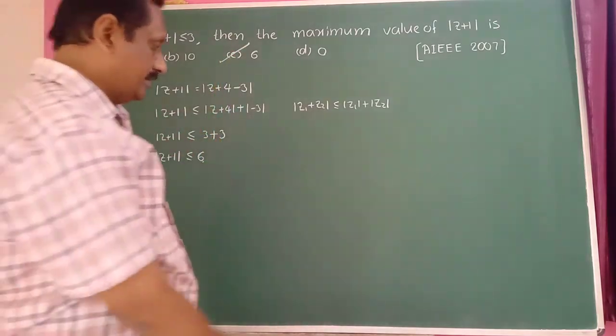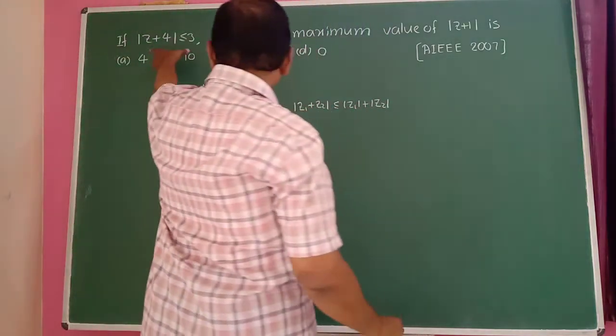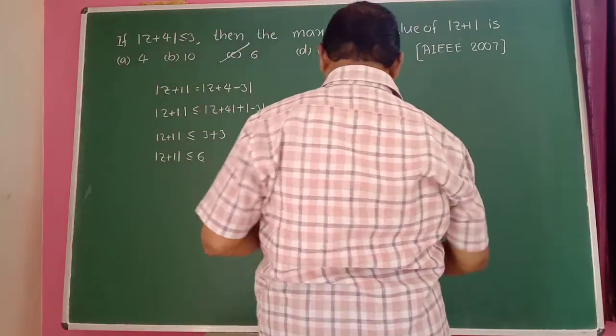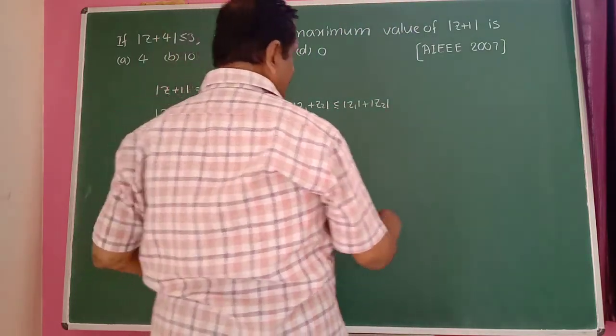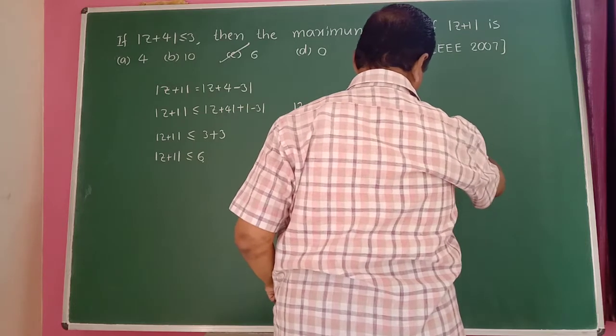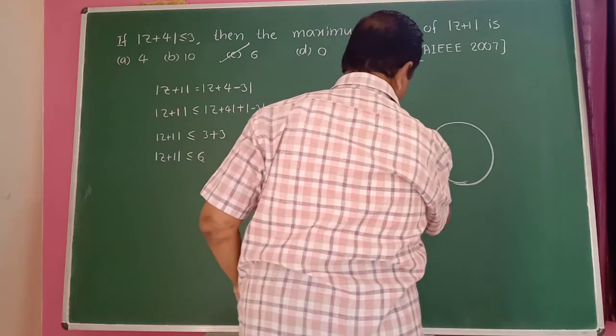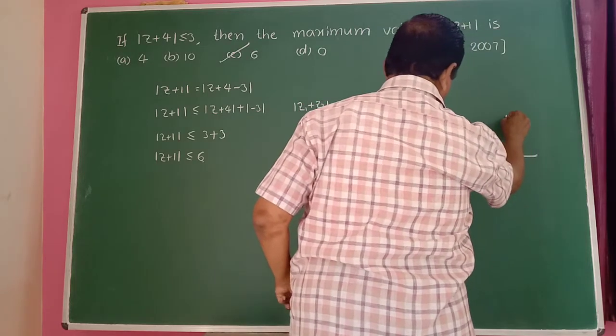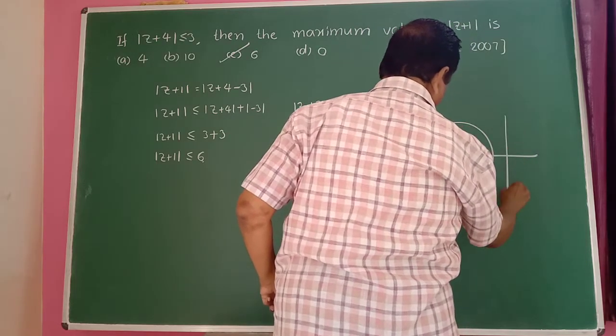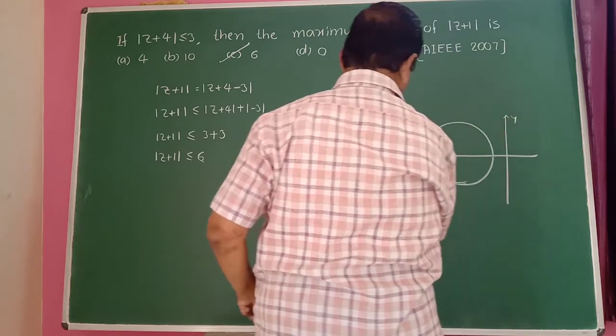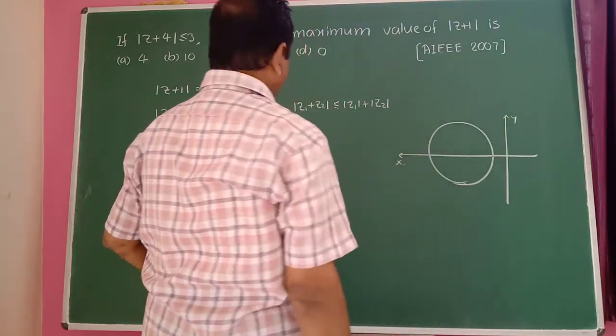So geometrically, this is a circle. The center is at minus 4, 0. Here is the y-axis and here the x-axis.